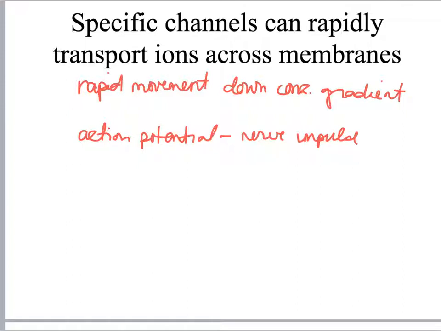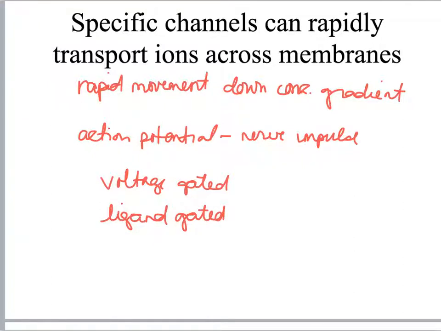And we can use this in the channels. So we will look at different types of channels. We'll look at voltage gated, and we'll look at ligand gated. These are 2 different types of channels.